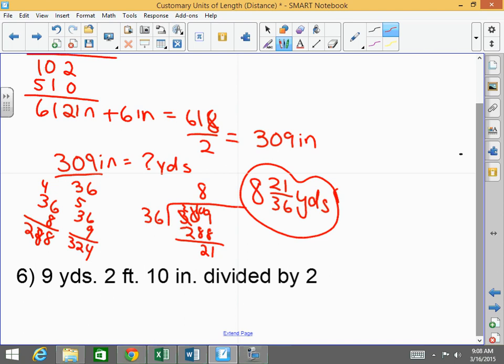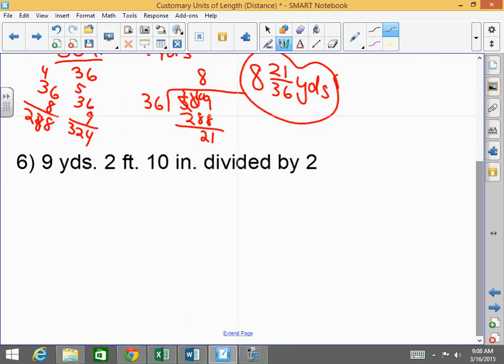Here, I got 9 yards, 2 feet, 10 inches, and I want to divide this by 2. Okay. I think the easiest way to do this would be to turn everything into the smallest unit. So 9 yards, I want to turn into inches. So I'm going to multiply 9 times 36 because there's 36 inches in every yard.